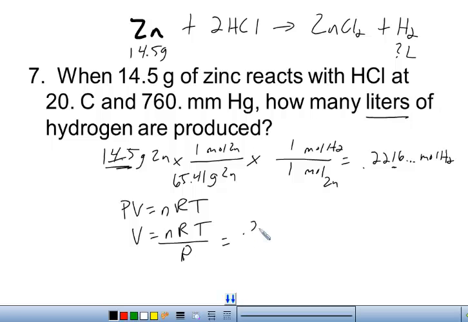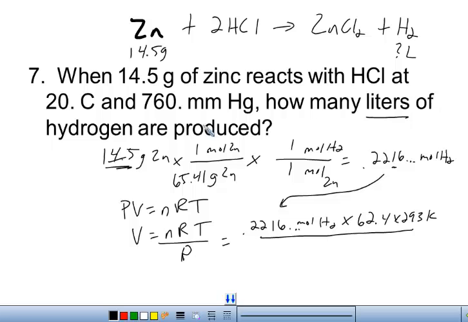Start plugging things in. 0.2216, and keep that whole number in my calculator, moles of hydrogen. My pressure is in millimeters of mercury, so I'm going to use 62.4 as my R. My temperature is going to be 293, and my pressure is 760.